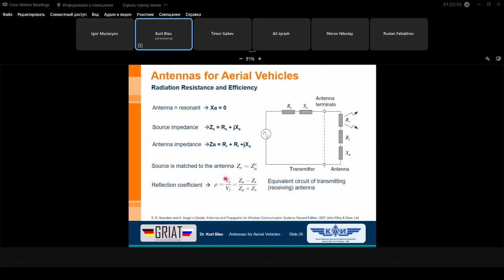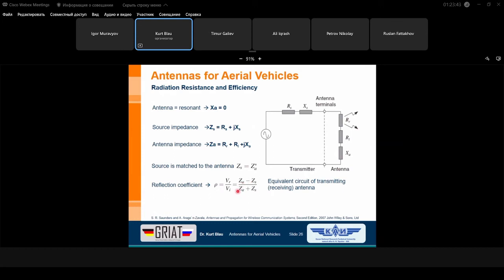In wave theory, this has the dimensions of a power, but in a lot of cases it's handled like a voltage, as shown here, and you can express this with these two relations, with the difference of your antenna impedance minus, in practice, for instance, 50 ohm, and the same here.